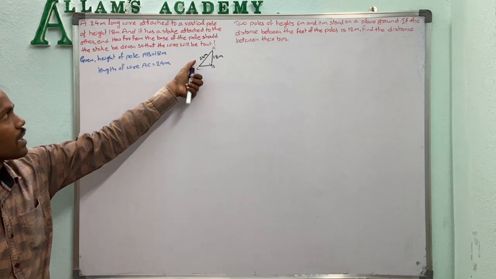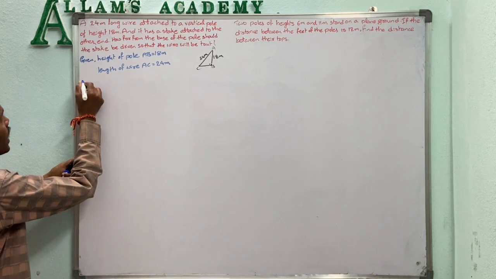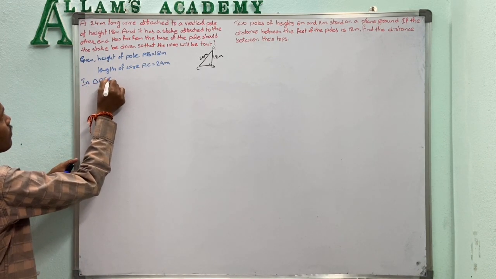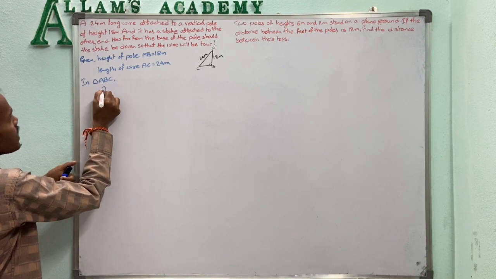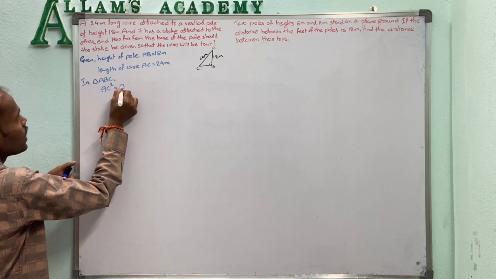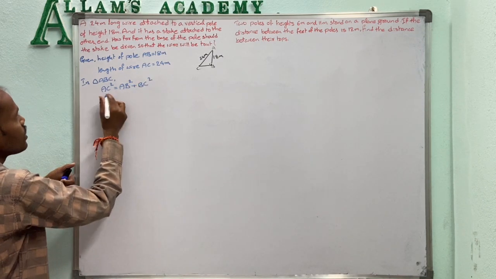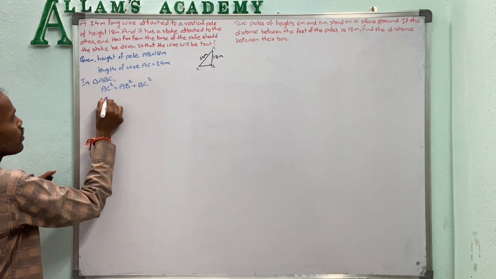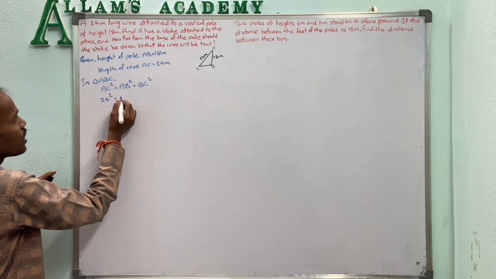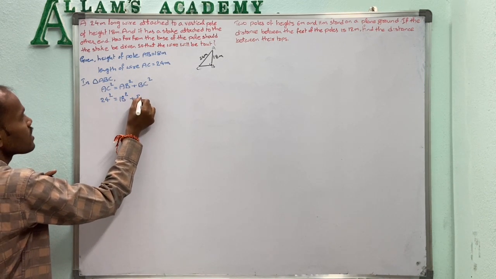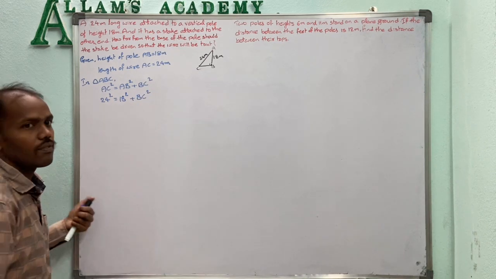So by Pythagoras theorem in triangle ABC, AC square equals AB square plus BC square. So AC equals 24, so 24 square equals AB equals 18, 18 square plus BC square.